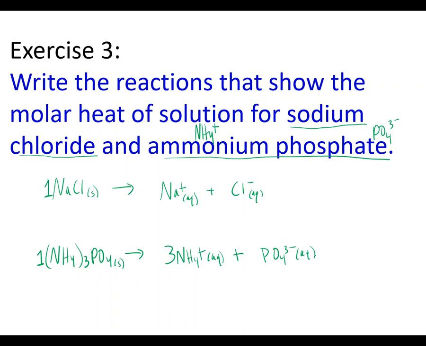So these are the basic dissolution or dissociation reactions you've been writing when we did solutions. But now we're referring to heat. The energy amount that's measured by 1 mole changing is going to be your delta H of solution.